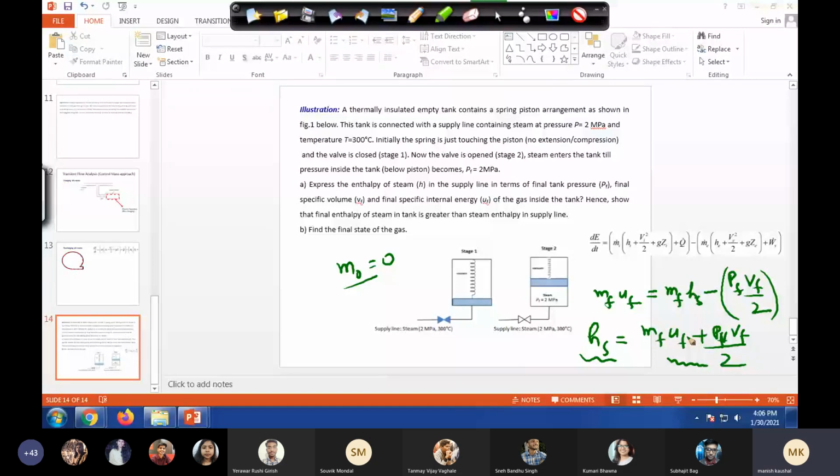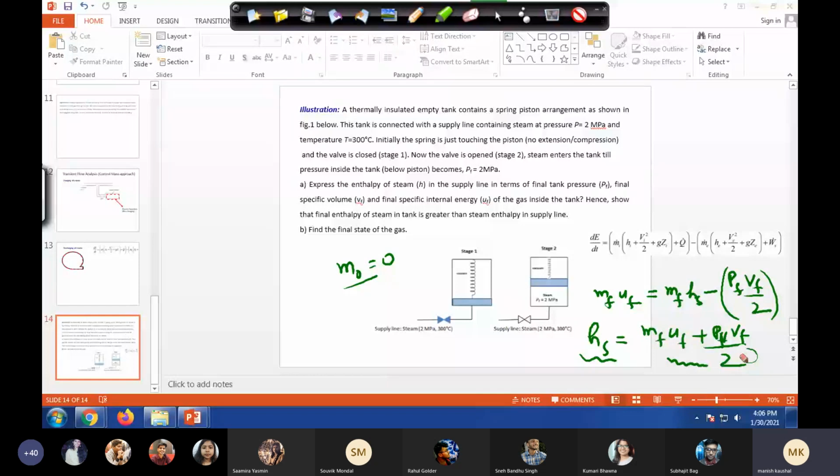Okay. So you can do this. And hence, show that the final enthalpy of the steam in the tank is greater than steam enthalpy in the supply line. So you just try this. Sir, it will be divided by MF. From where? Oh yeah. Have I left something? So one MF is missing here. You are saying here?